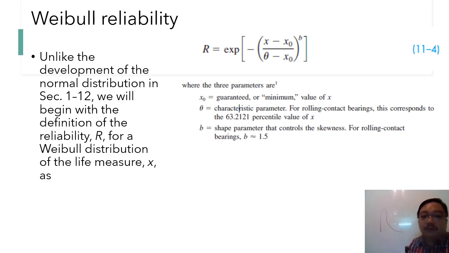The reliability expression for reliability R is exponential of minus ((x minus x naught) over (theta minus x naught)) to the power of b. Here x naught is the guaranteed or minimum value of x. Theta is the characteristic parameter for rolling contact bearings, which corresponds to the 63rd percentile. b is the shape parameter that controls the skewness. For rolling contact bearings, b is approximately 1.5.